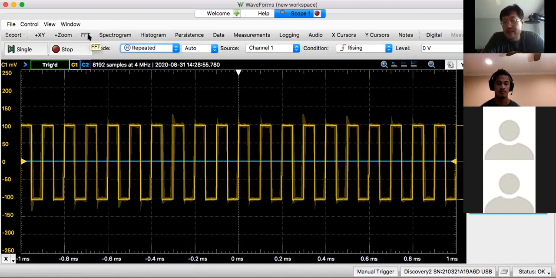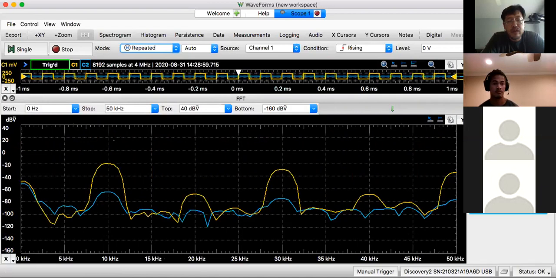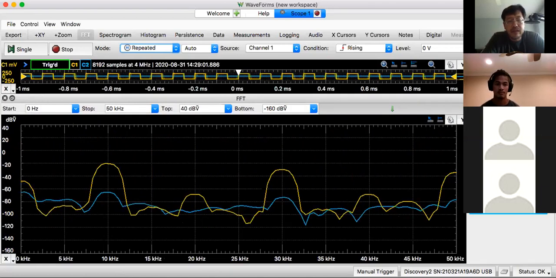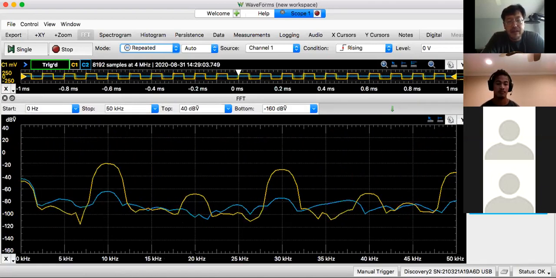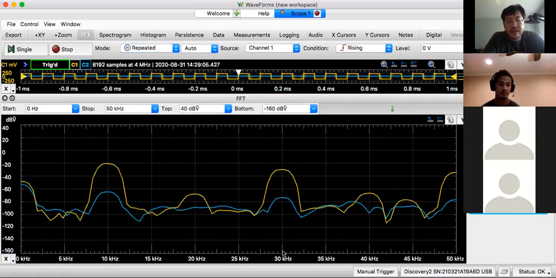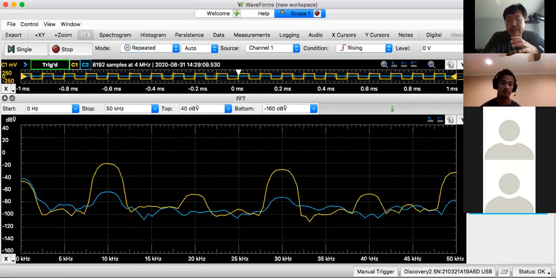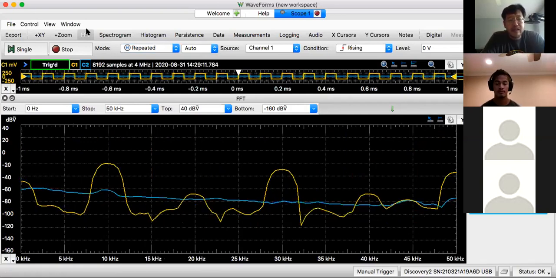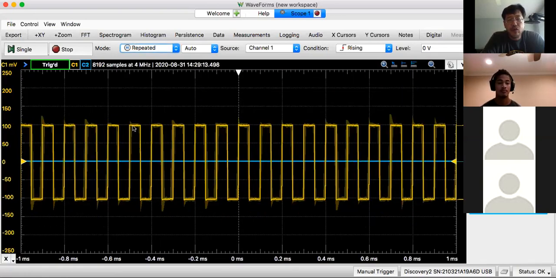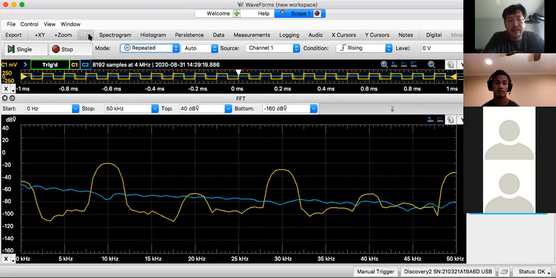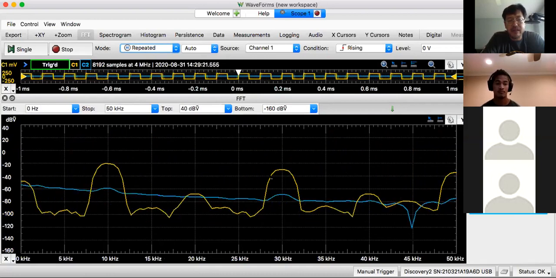That's what it looks like in the frequency domain. Whoa, we found out it's 10,000 hertz, 20,000 hertz, 30,000 hertz. So the square wave signal is much more complicated when we look at it in the frequency domain, because you have this, this, and this.